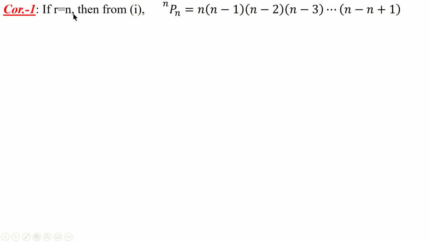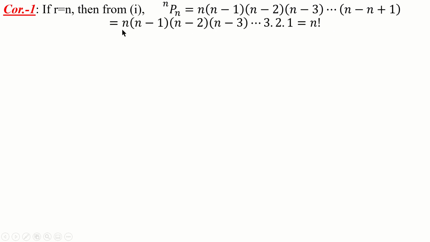Corollary: if r is equal to n, then from equation number 1, which was nPr, as r equals n, this will be n into n minus 1, n minus 2, n minus 3, dot dot dot, n minus n plus 1. Here the last factor will be 1, before 1 will be 2, before 2 will be 3, before 3 will be 4.